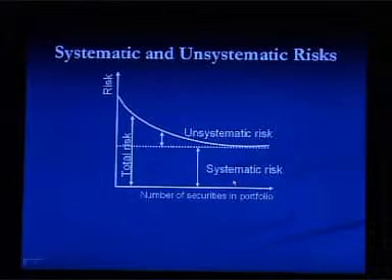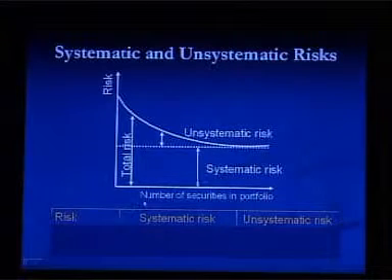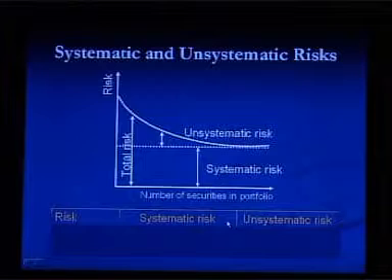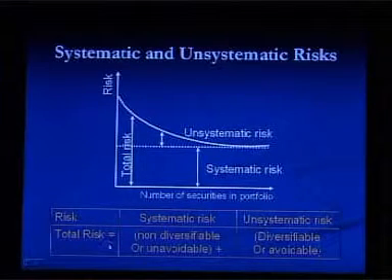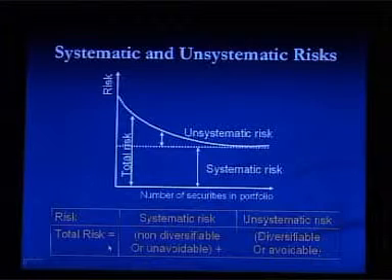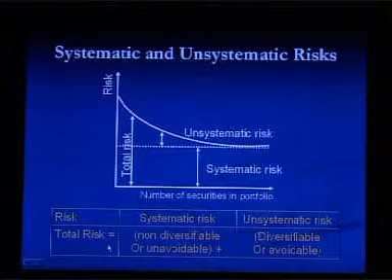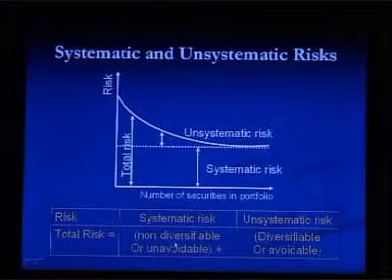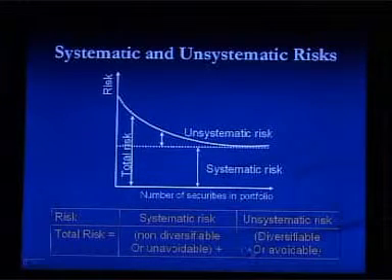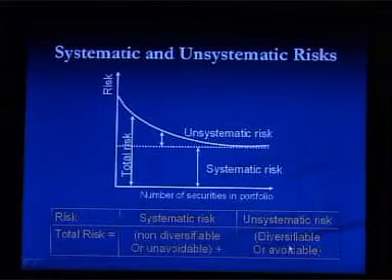So, we can say that there are two types of risks, systematic and unsystematic, and you can see that total risk is the sum of systematic risk and unsystematic risk, where systematic risk is non-diversifiable or unavoidable, and unsystematic risk is diversifiable or avoidable.